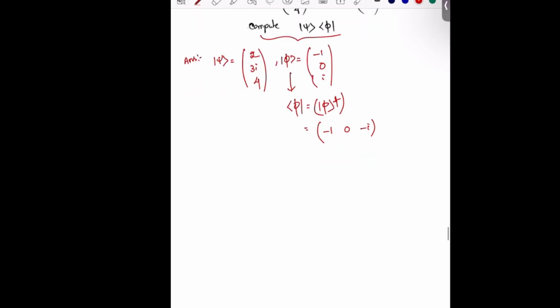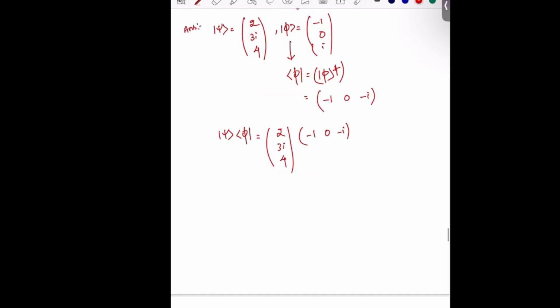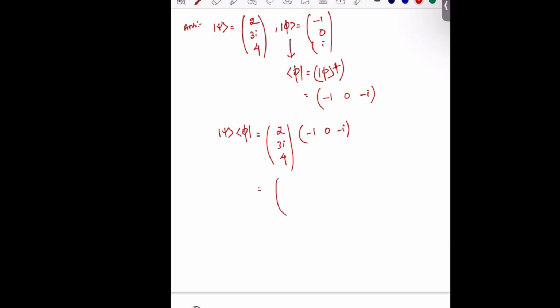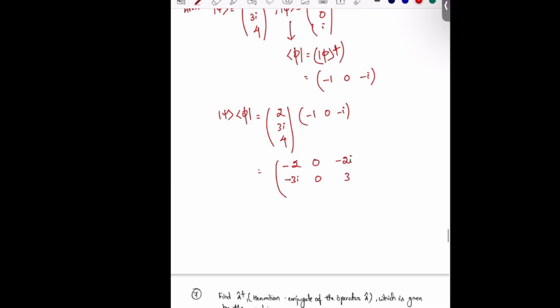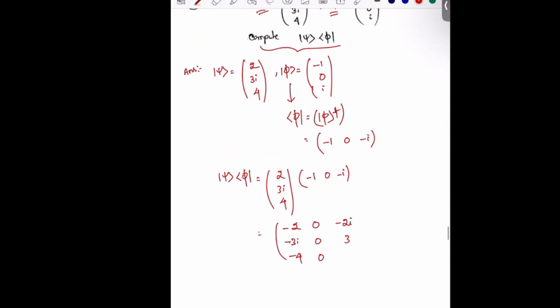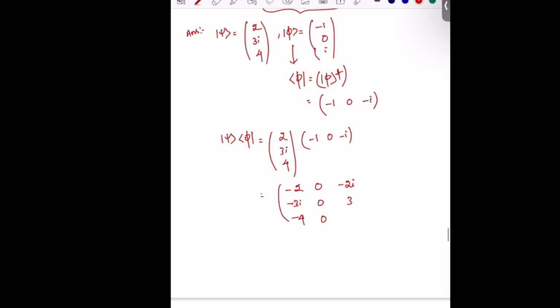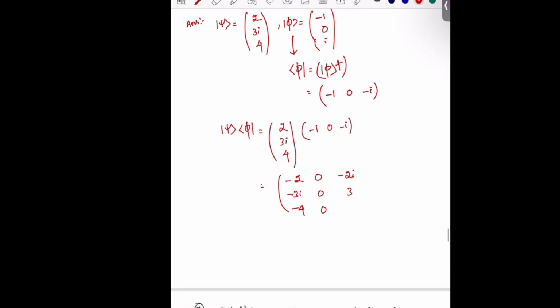Okay, so if you want to calculate this, 3i, 4, times minus 1, 0, minus i, this will be nothing but minus 2, 0, minus 2i, minus 3i, 0, 3, 3, and minus 4, 0, so it will be minus 4i.